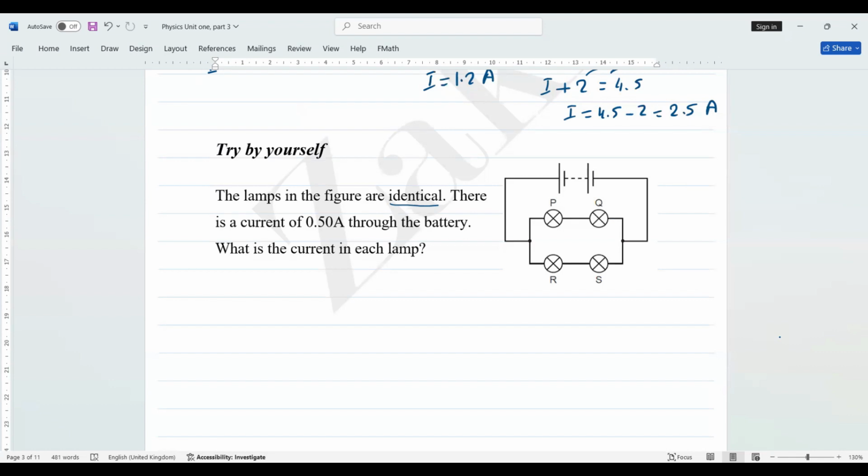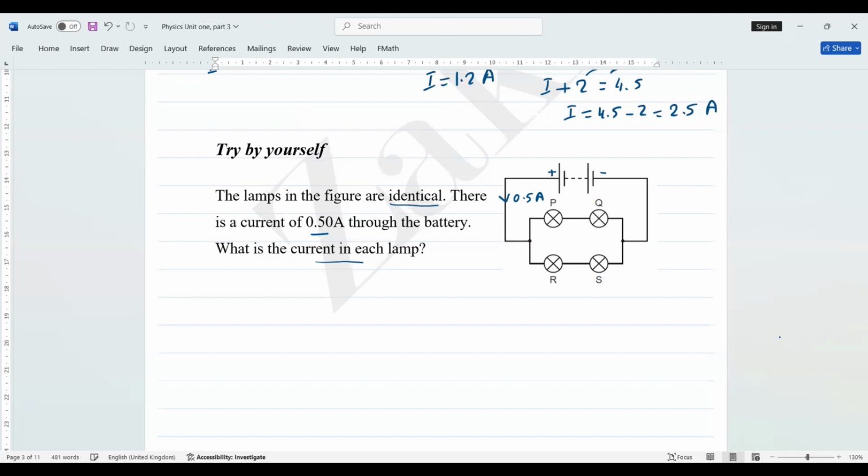There is a current of 0.5 ampere through the battery. This is the positive pole of the battery and this is the negative pole of the battery. Then the current is 0.5 ampere. This is the current from the battery. What is the current in each lamp?